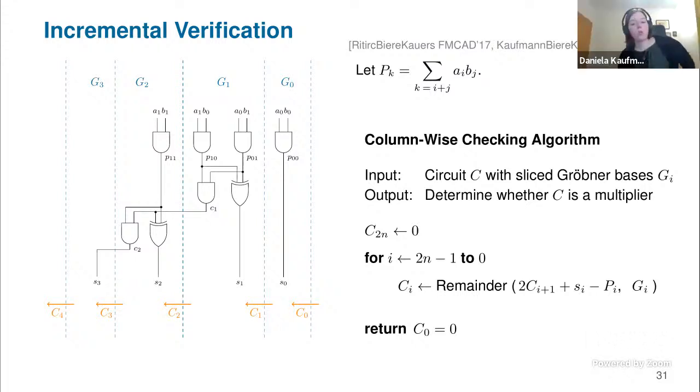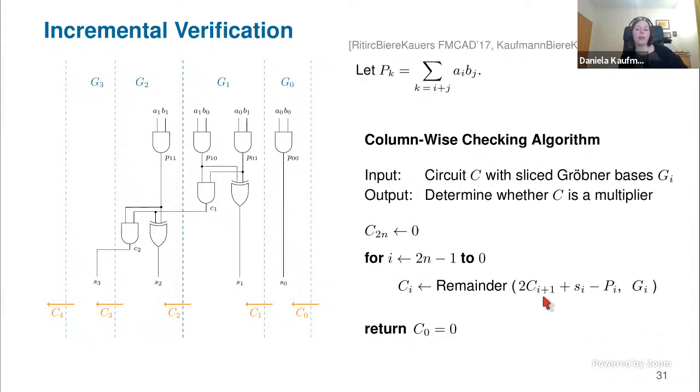Yes, so what we do in this algorithm is we start here at the most significant bit, and then, as you said, we reduce by one slice, and then we receive the remainder of one slice, which we then use in the next smaller slice again.